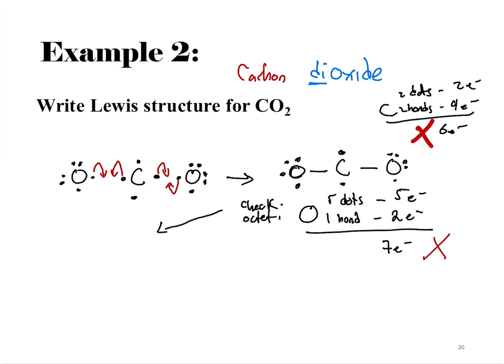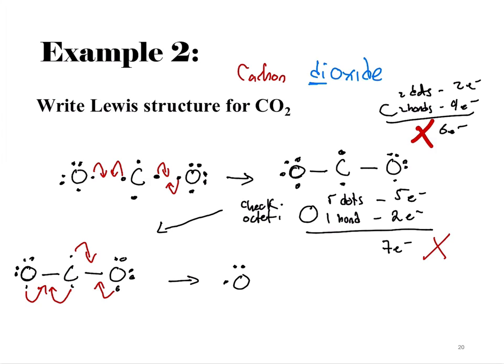I'm just going to draw it down here again. We have C and O, O, and each of these come together to form another bond between the carbon and each oxygen. So this then becomes O, with 2 bonds now between the carbon and each oxygen.